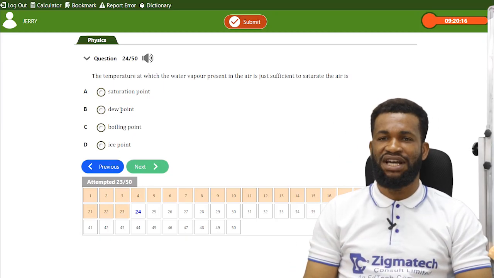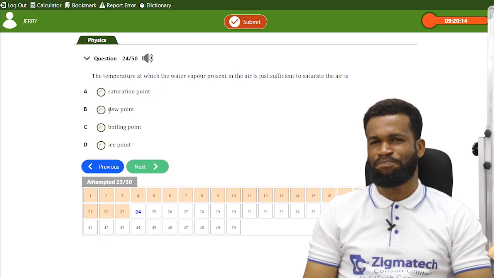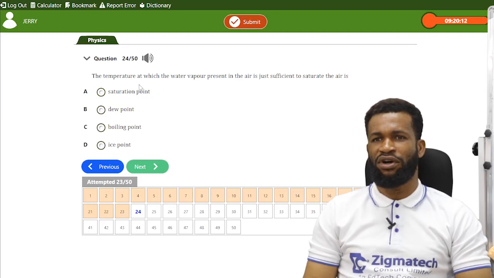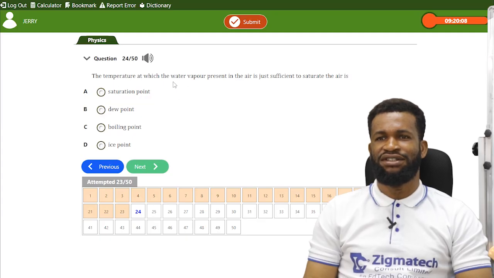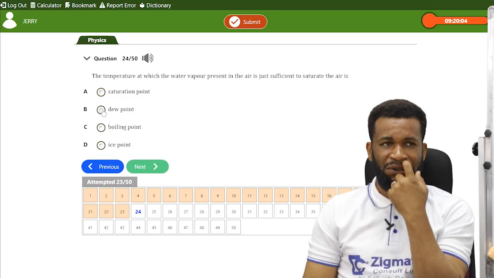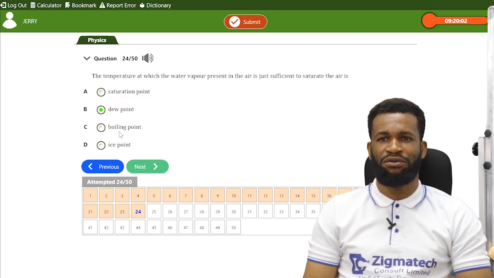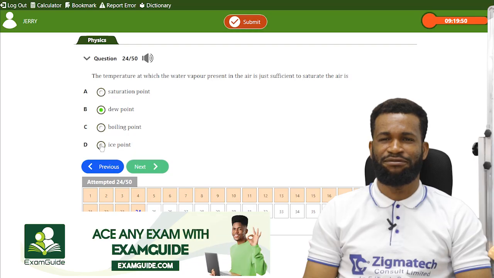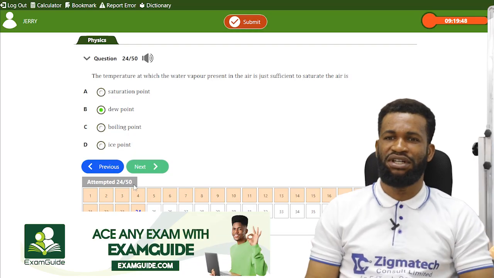Dew point, yes, dew point is correct, because the definition we have here is the definition for dew point. So dew point is in for me. But boiling point is the temperature at which the atmospheric pressure is equal to the vapor pressure, while ice point is the temperature of melting ice at normal atmospheric pressure. So option B is the best for me.